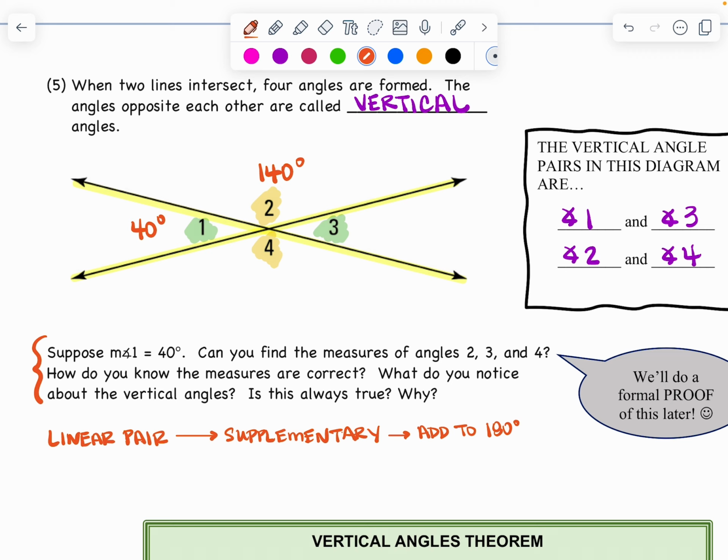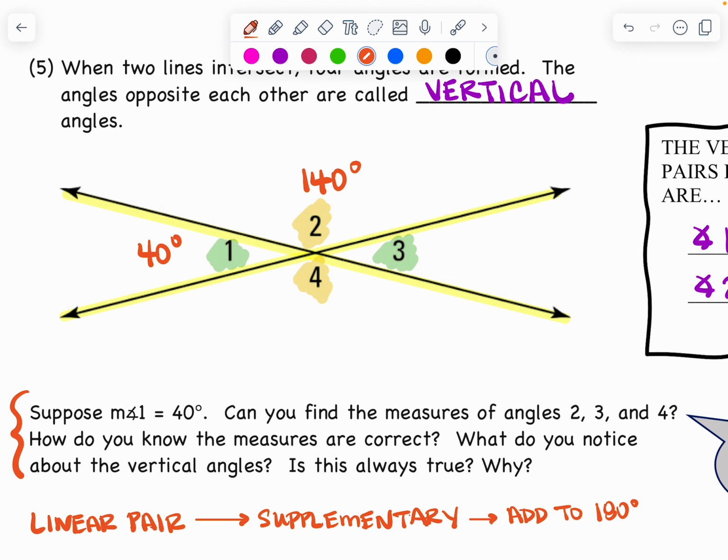Now I'm going to continue that thought process around the picture. Now I can look at angle 3. Angle 3 is a linear pair with angle 2, which means those angles are supplementary, which means they must add up to 180. Therefore, angle 3 must be 40 degrees.